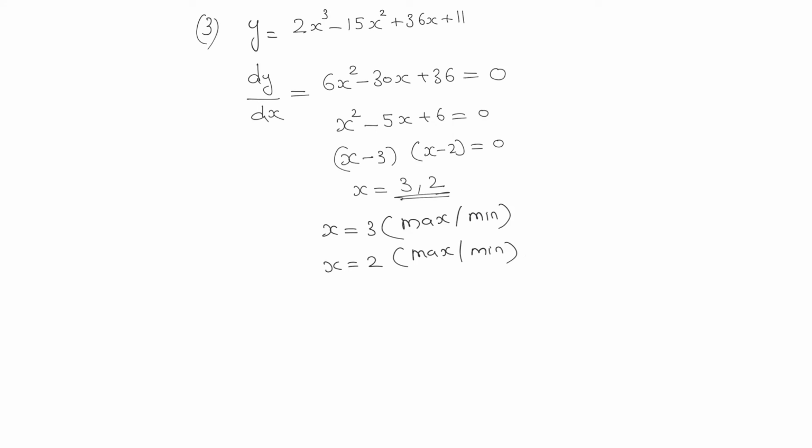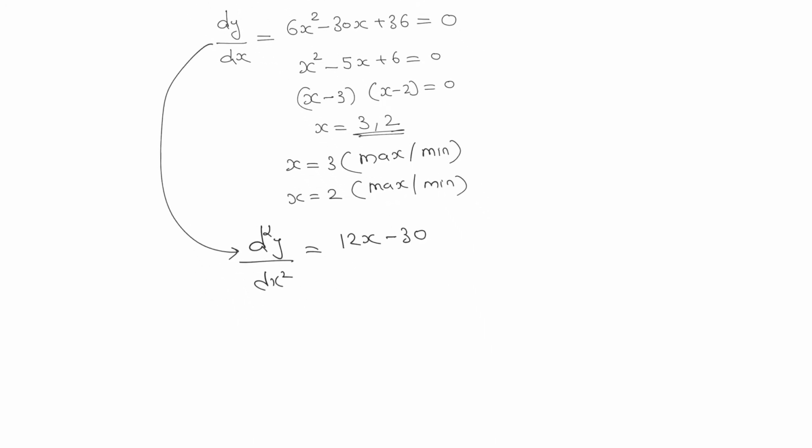So once again, we can differentiate this equation. If you are differentiating this equation, we'll get the value of d square y by dx square, and that will be equal to nothing but 12x minus 30.